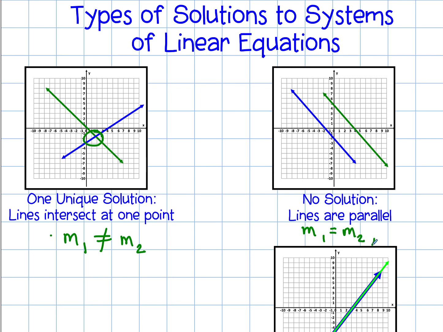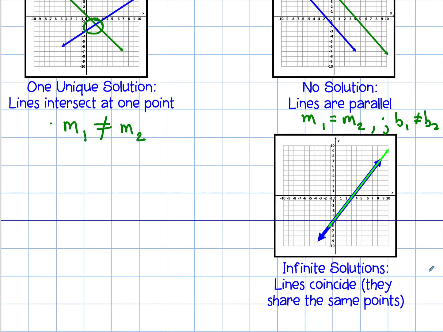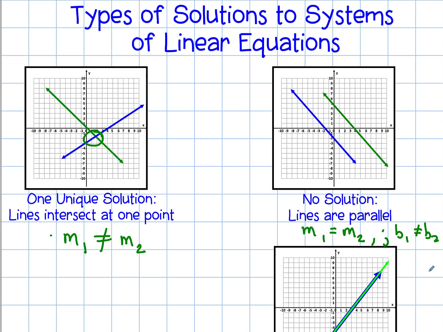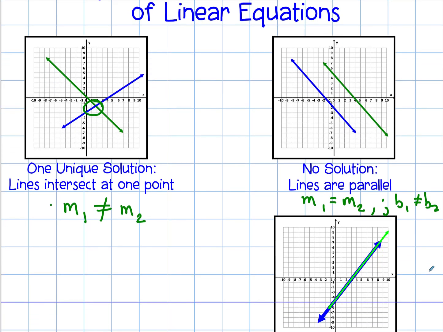But what's different about them is their y-intercepts are different. So the y-intercept of the first line is not equal to the y-intercept of the second line, but they have the same slope. And that's going to be no solution. They never intersect. They'll never have a point in common. Therefore, there's no solution.